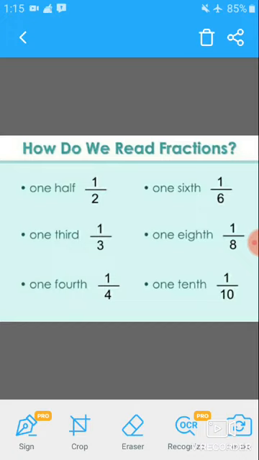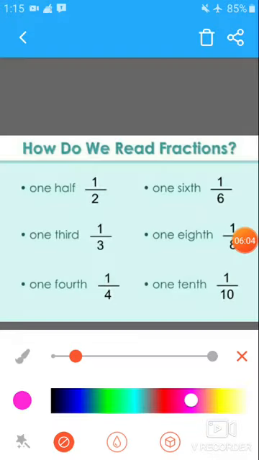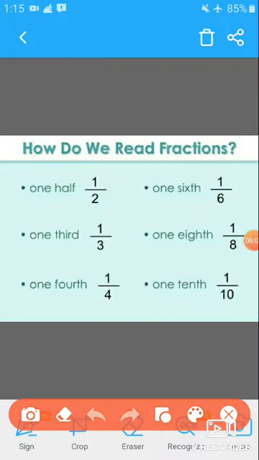So to write 1/2 in a fraction, you can write 1 upon 2. And to write or to show 1/3 in a fraction, you can write 1 upon 3 like this.